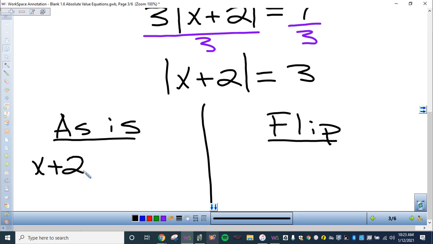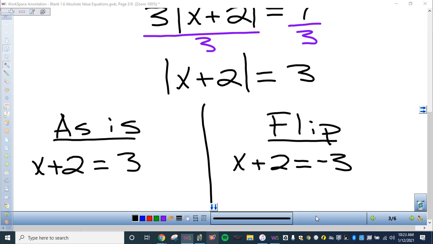As is, we have x plus 2 equals 3. When we flip it, you only flip on the right side of the equal sign. If you're the kind of person that needs to write that down, write that down. Only flip after the equal sign, right? So we're going to make that 3 a negative 3. So this is just a one-step linear equation. We subtract 2 on both sides, both equations.